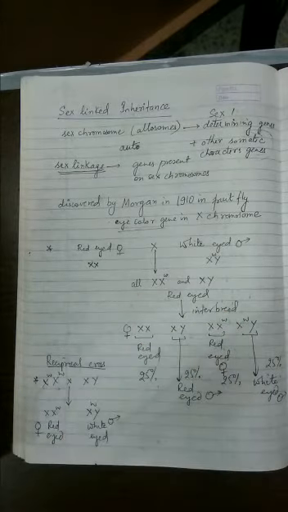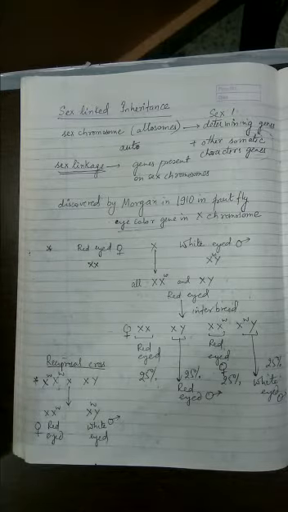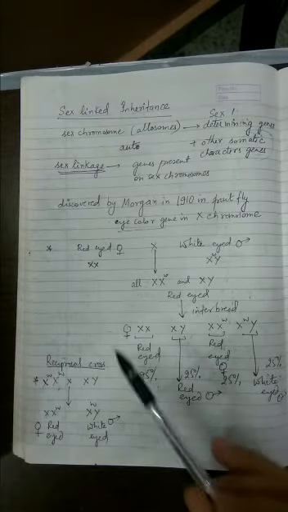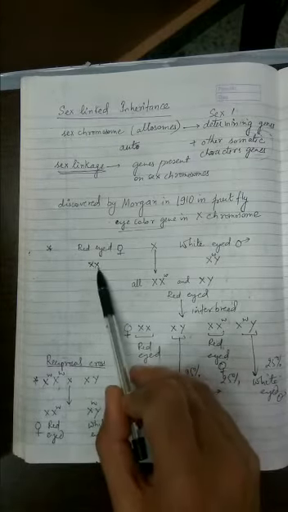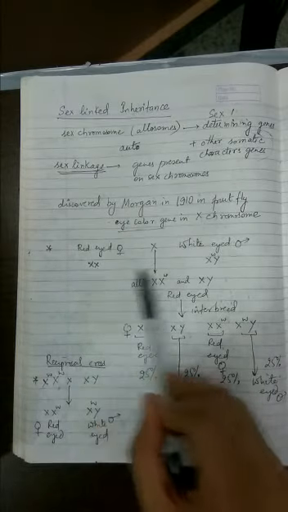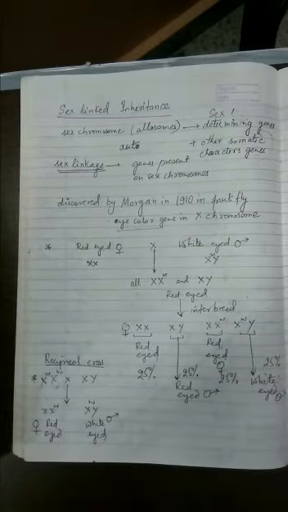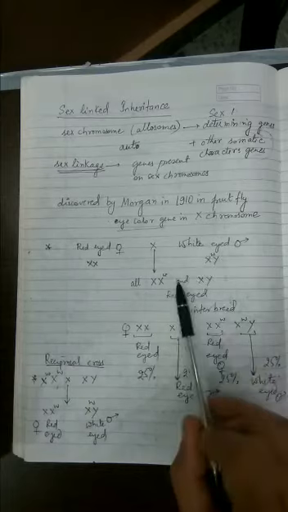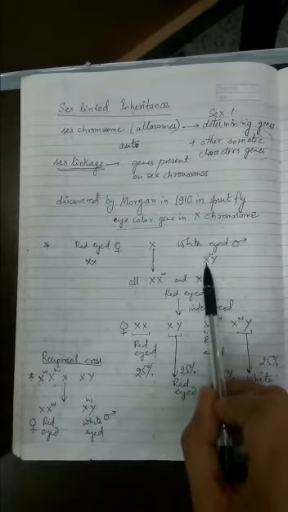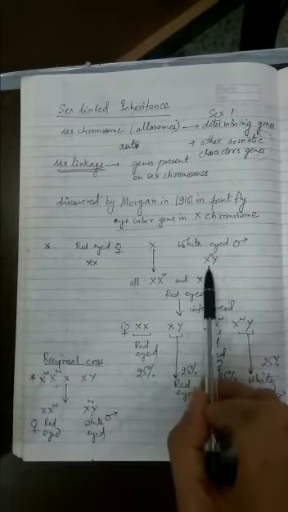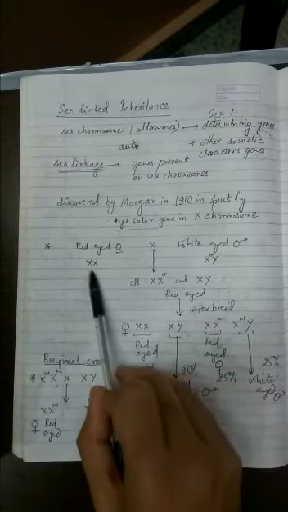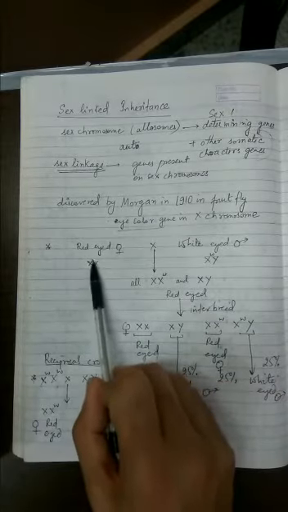So when he performed the cross of a red-eyed female with a white-eyed male, now we already know this concept that there are sex chromosomes X and X in the female, X and Y in the male. We already know that the X chromosome carries the eye color. So normal eye color, that's why nothing is mentioned here.